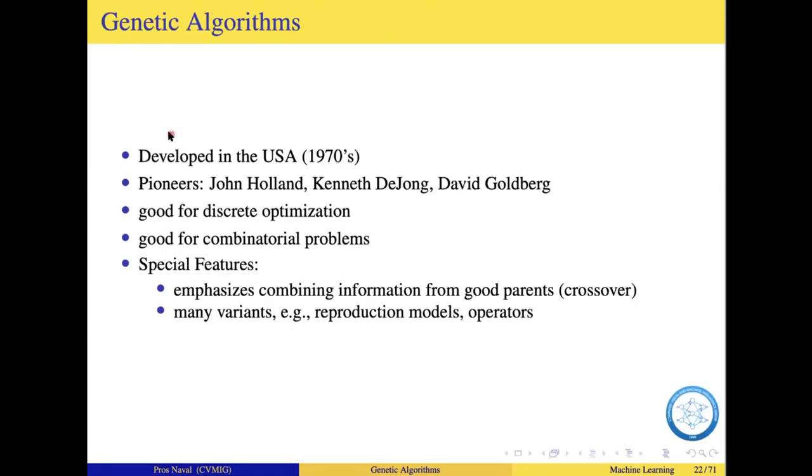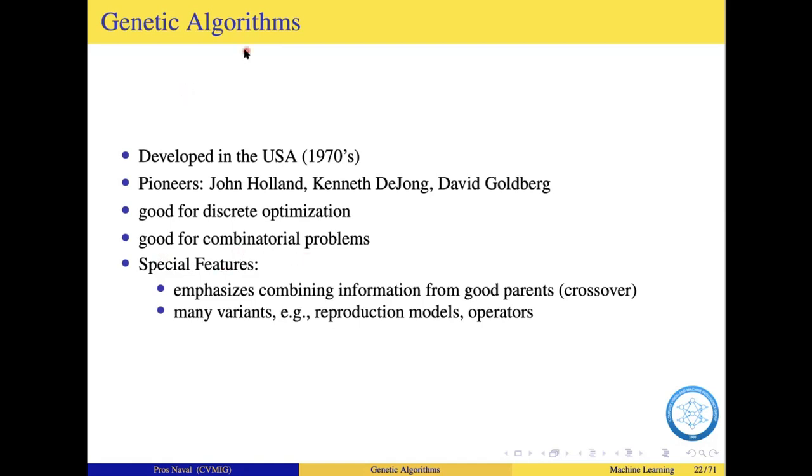Okay, so let's start with the genetic algorithms. So GA was developed in the US in the 1970s. The pioneers were Holland, De Jong, and Goldberg. It's good for discrete optimization problems as well as combinatorial problems.